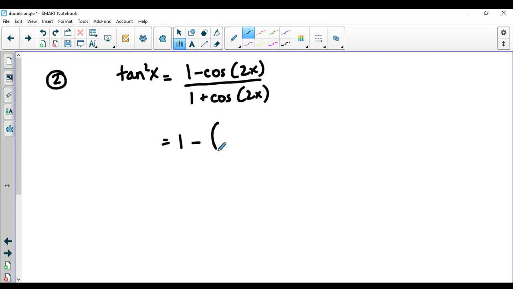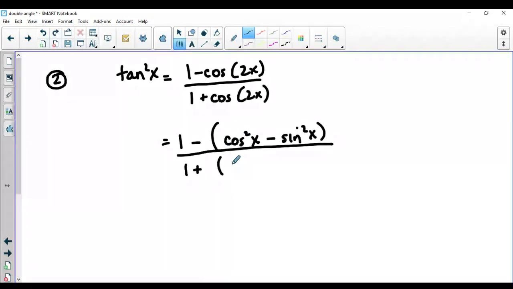So I'm going to put in some brackets. Cosine of 2x is the cosine squared minus the sine squared. So we have similar. We cannot cross anything out here because these are not factors. These are terms, okay?